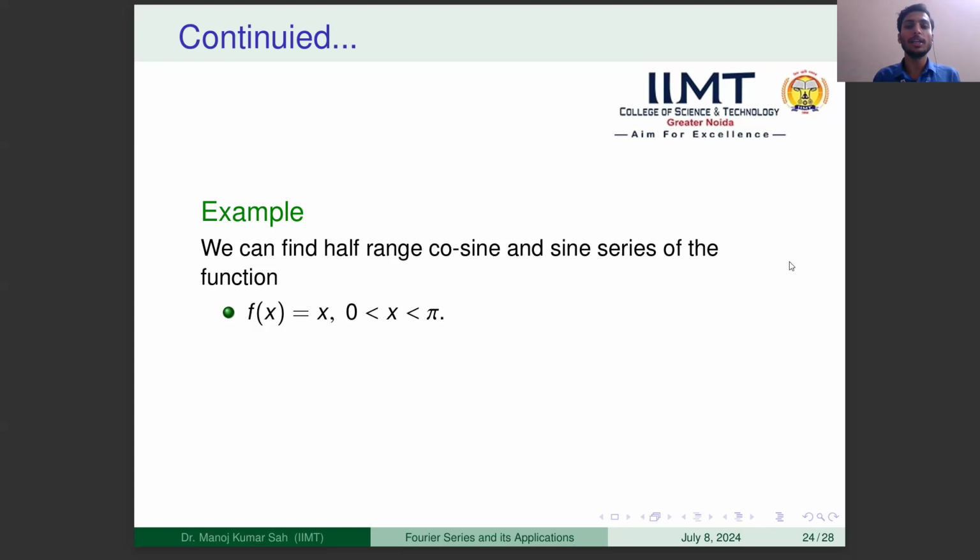There will be no sine term because the function is even. In the second case, if you are looking for a sine series, you will draw the function considering it an odd function, symmetric about the origin. In that case, the obtained function will be odd, and the expansion will contain only a sine series. There will be no cosine and constant term.